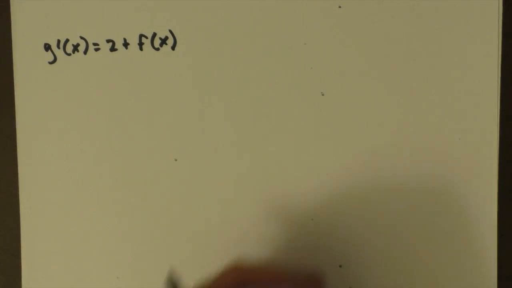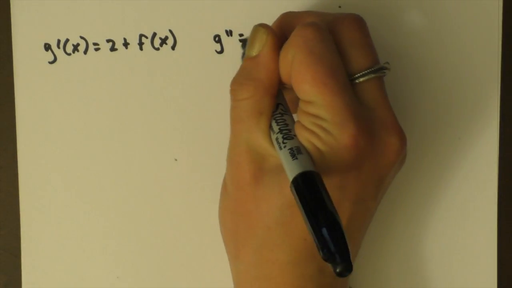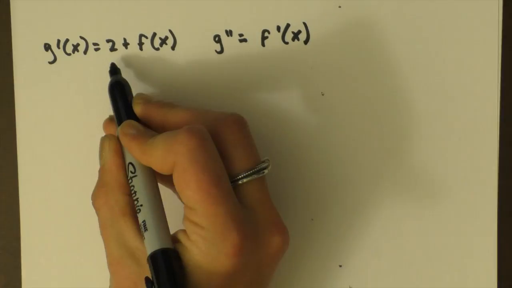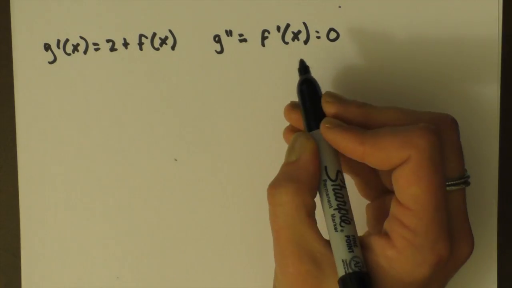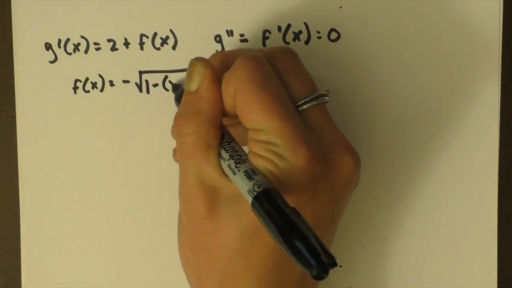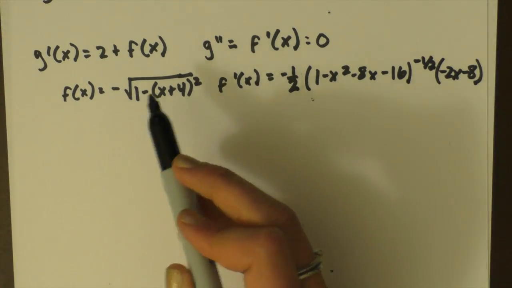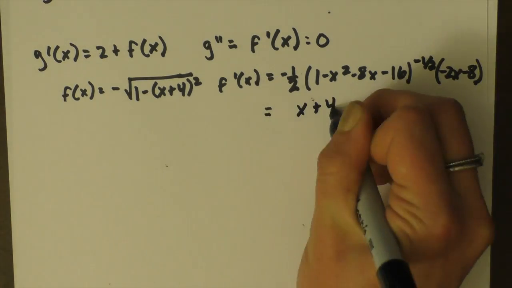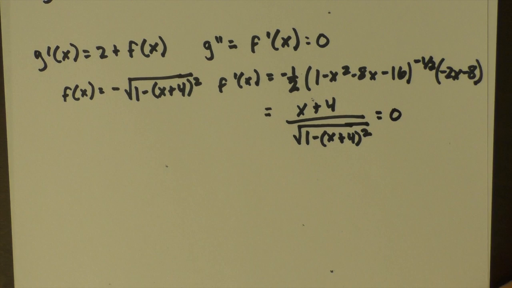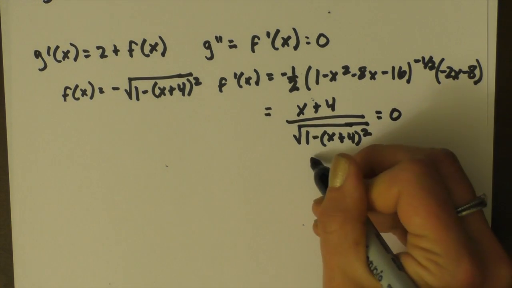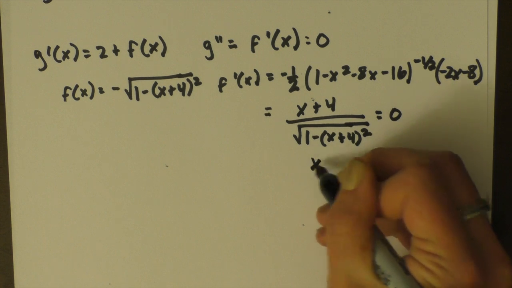Our second derivative of g is going to be equal to f'(x). The x value that this equation is equal to 0 for is 0.